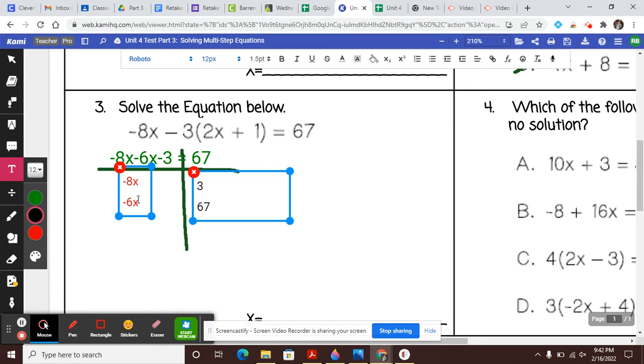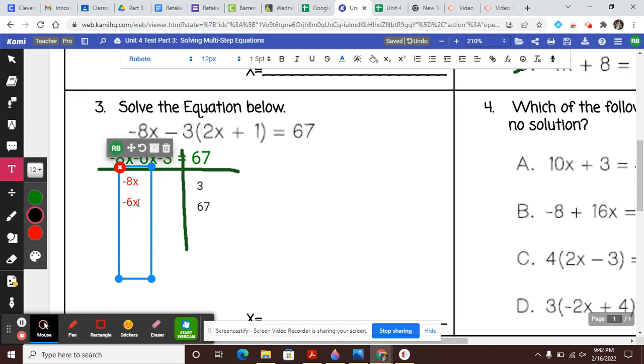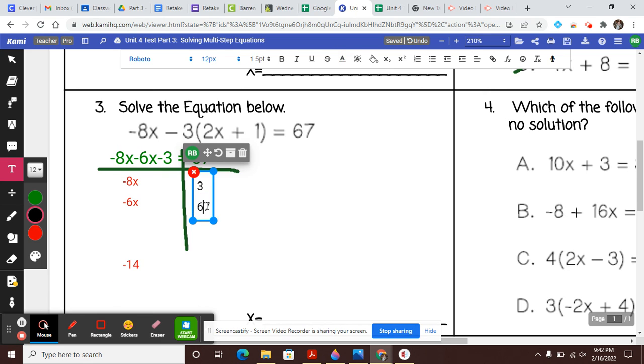And then we're going to combine our like terms. So I have 8. I'm going to separate that down. -8 plus -6 is -14. Okay. I've got 3 plus 67. And 3 plus 67 is going to be 70.